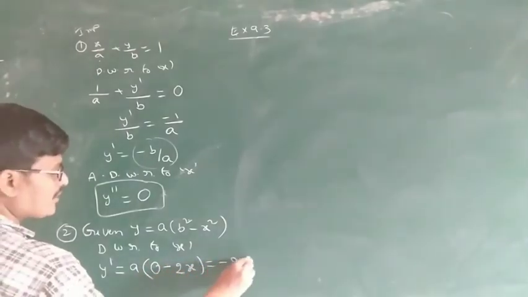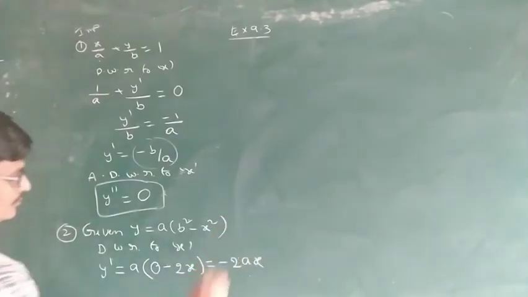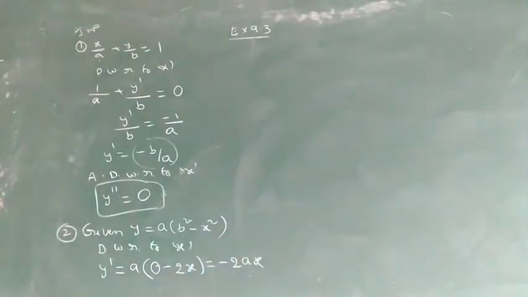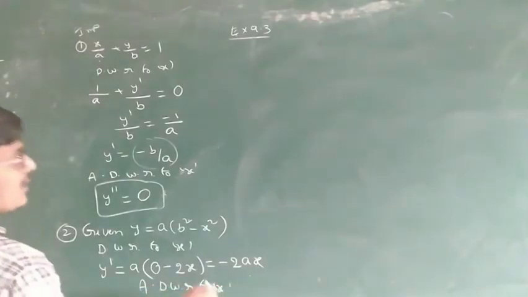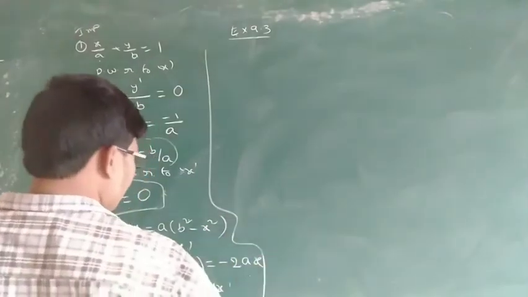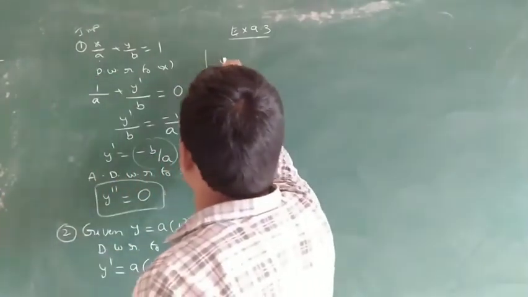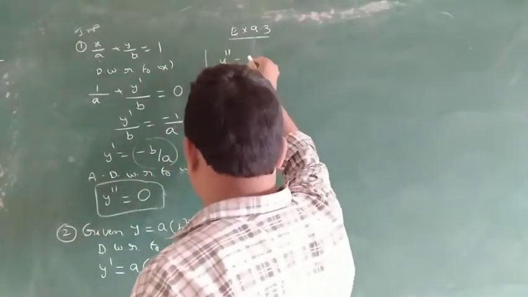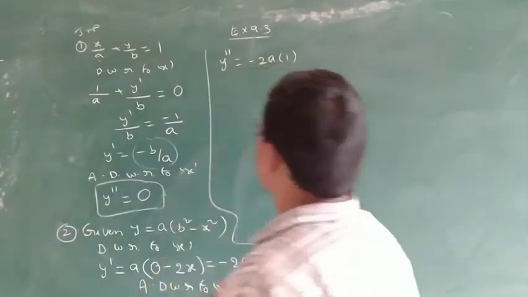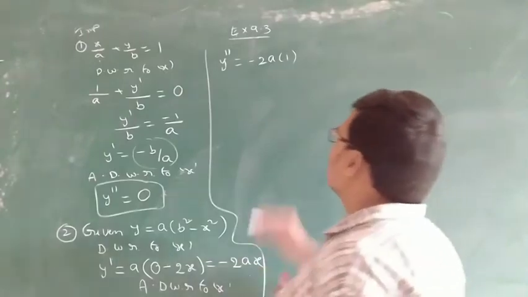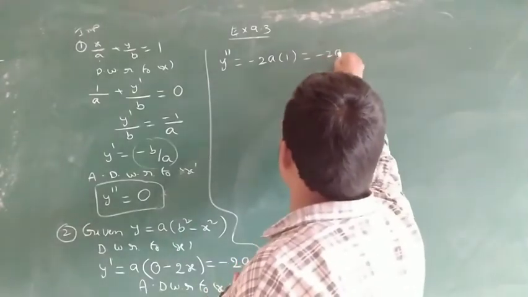So y dash is equal to minus 2ax. Again derivative with respect to x: y double dash is minus 2a, constant, into derivative of x which is 1. So that is equal to minus 2a.